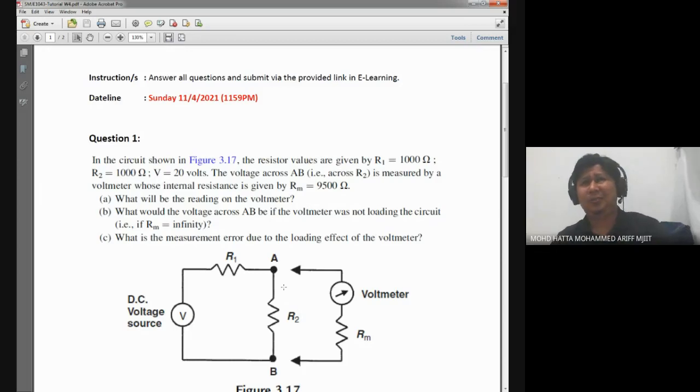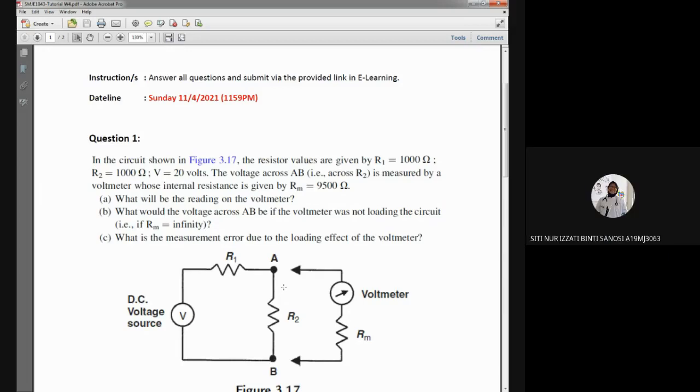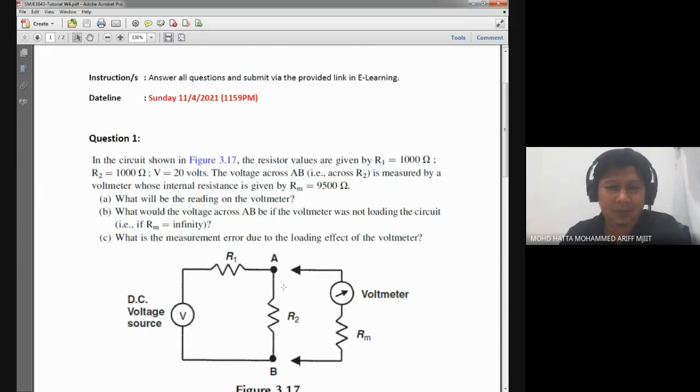Not manual calculation, by theoretical, we're using the voltage divider rule. It will be 10. Yeah, correct.